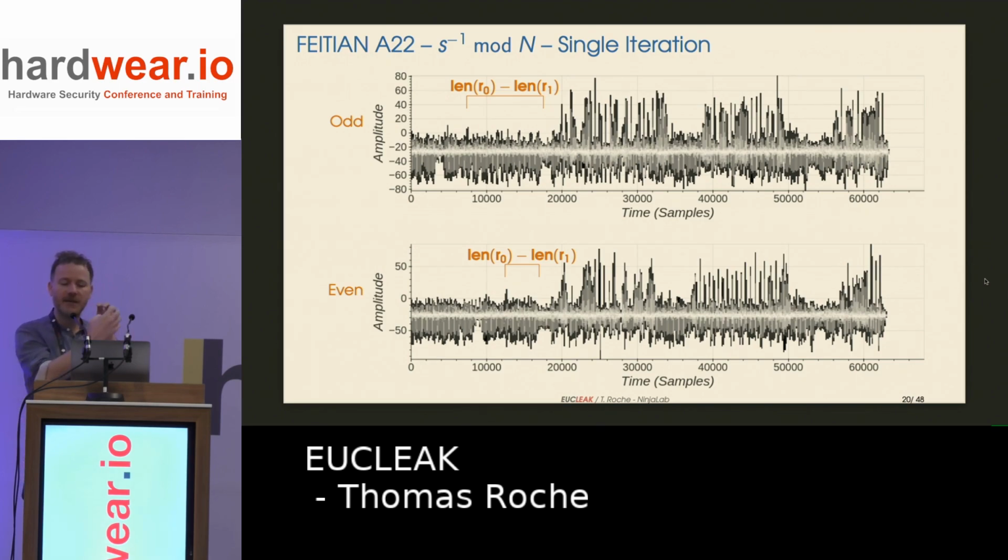At the beginning of the iteration, we have a part of the trace that changes in size, in length, in timing, proportionally with the binary length difference of R0 and R1.